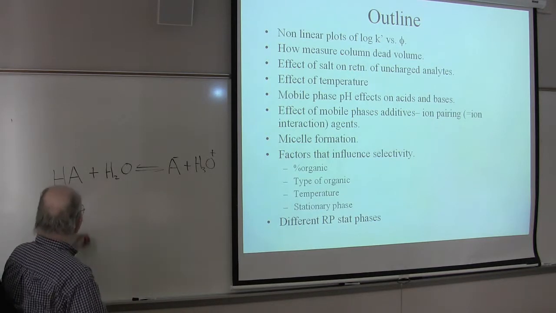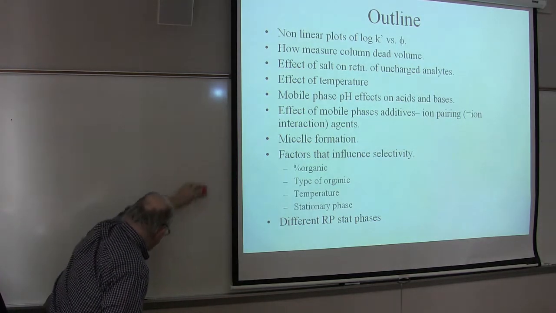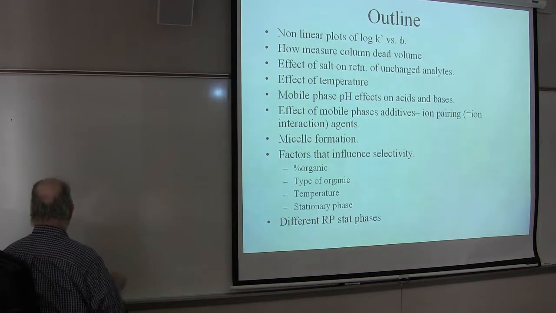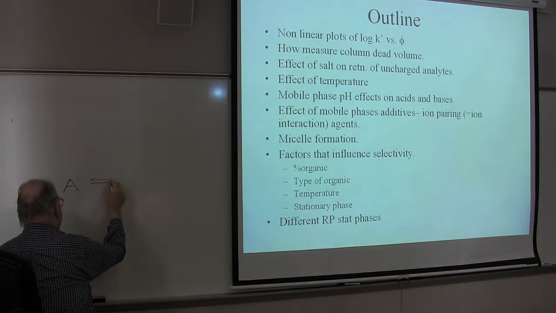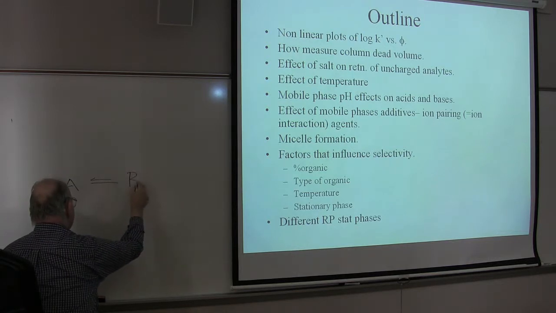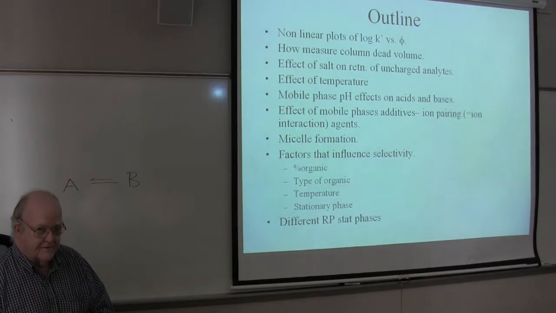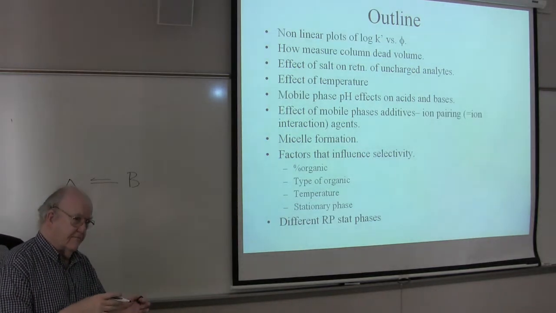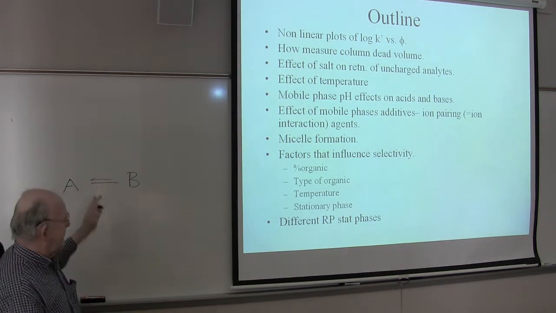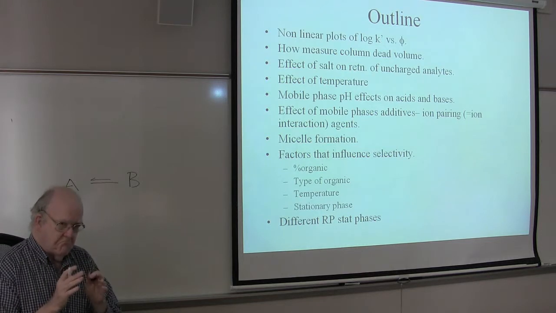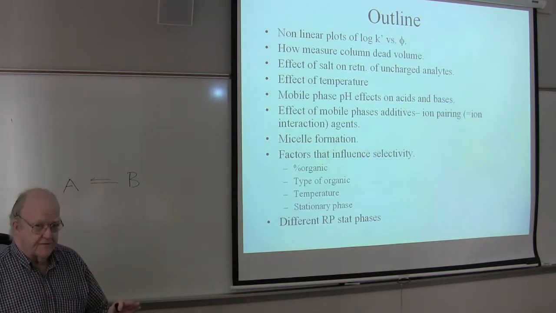Now, if A, your analyte injected onto the column, isomerizes into a new molecule, or if it reacts with a component of the buffer and forms a new molecule, and if that reaction is not fast on a chromatographic timescale, then you can get 2 peaks.